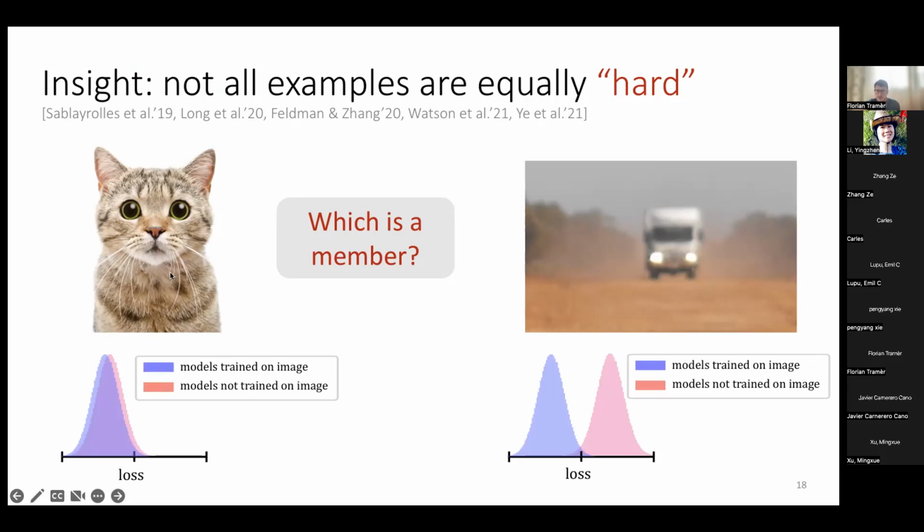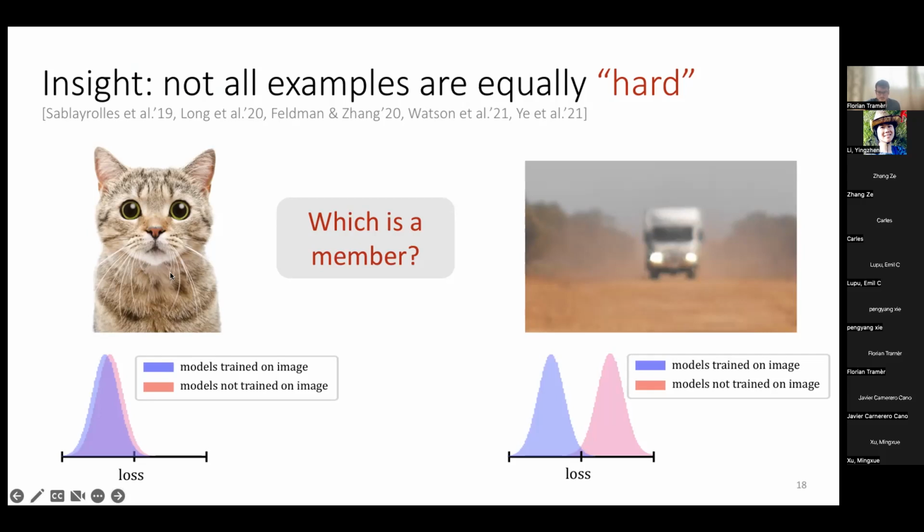Whereas this image on the right is much more of an outlier, an out of distribution example. A model that has not been trained on this specific image is very likely to get it wrong, or to have very low confidence. It's only if you see this image during training that the model will overfit, in a very local sense, to just this specific image, and assign it a much lower loss.